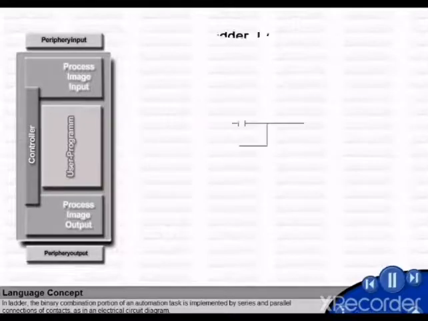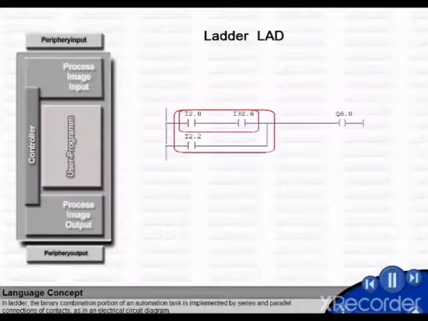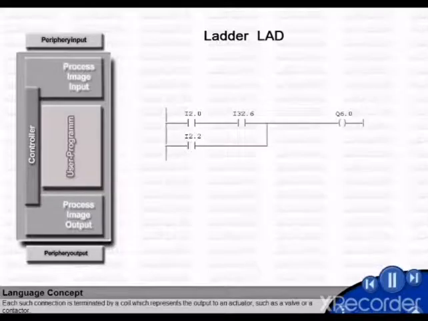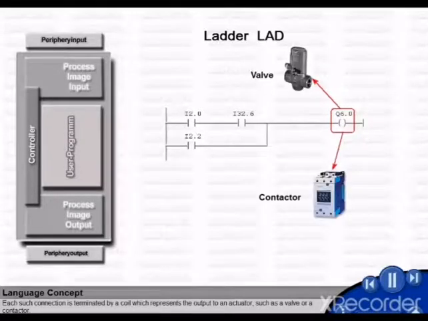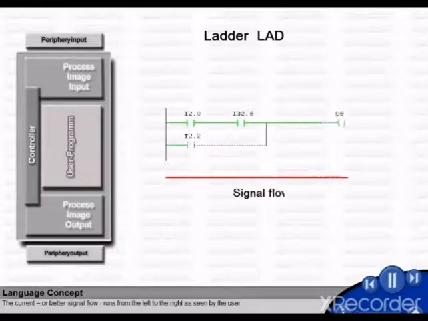In ladder, the binary combination portion of an automation task is implemented by series and parallel connections of contacts, as in an electrical circuit diagram. Each such connection is terminated by a coil which represents the output to an actuator, such as a valve or a contactor. The current, or better signal flow, runs from the left to the right, as seen by the user.